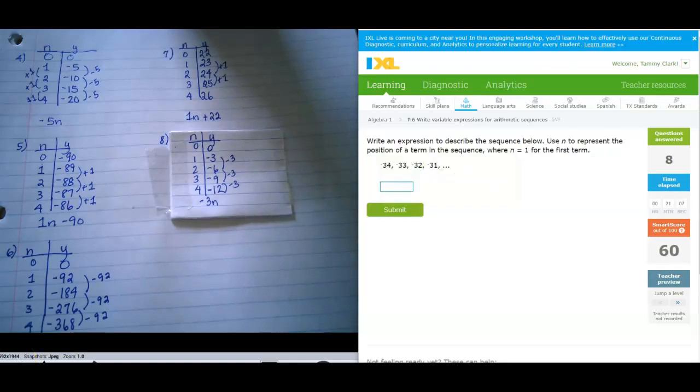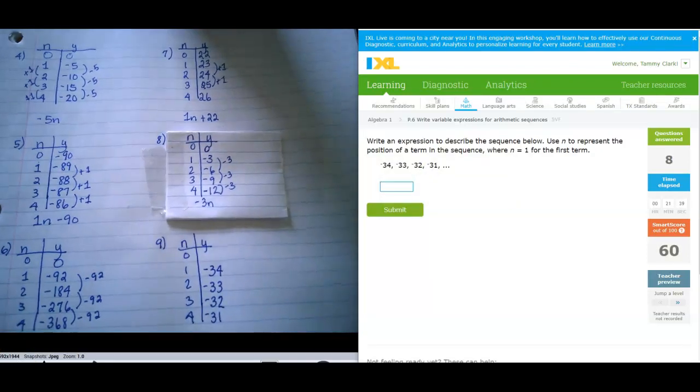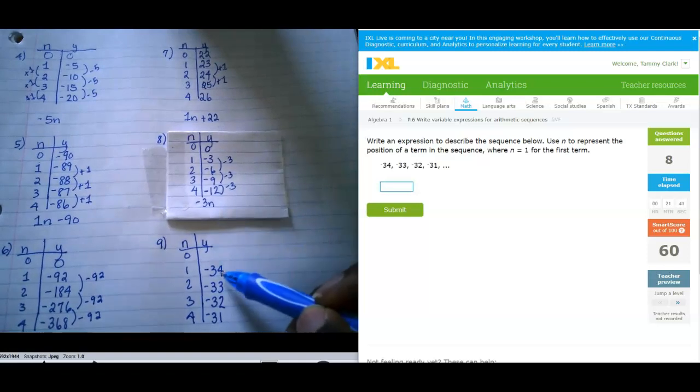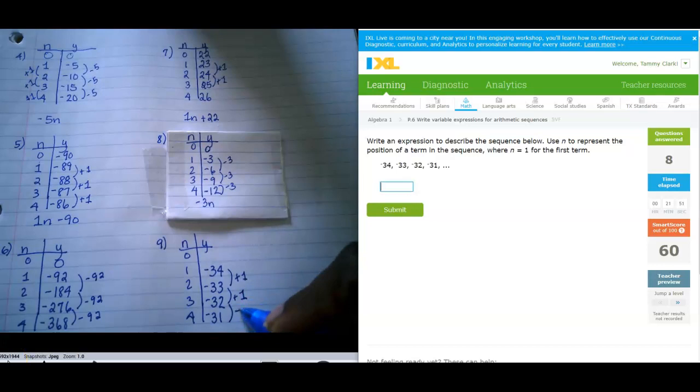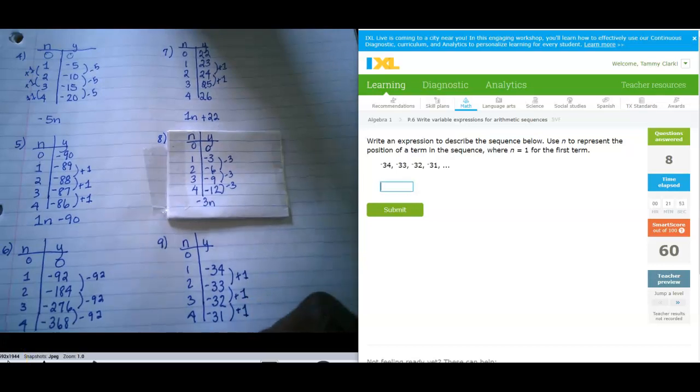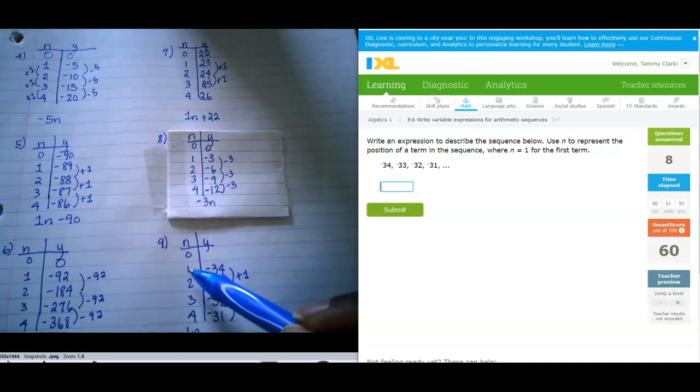All right, our next one. On this one, let's look at and see what's doing. Well, we're going from negative 34 to negative 33, so we are actually adding 1. Please excuse that noise, it was my phone. So I know I've got 1n, but if I take 1 and I multiply it by 1, I get 1.